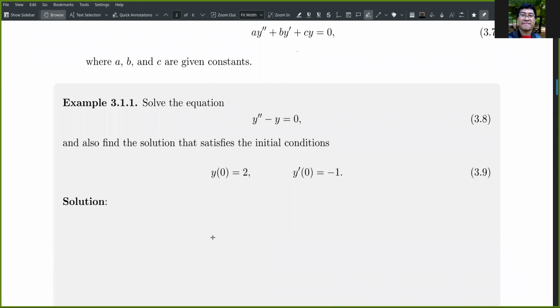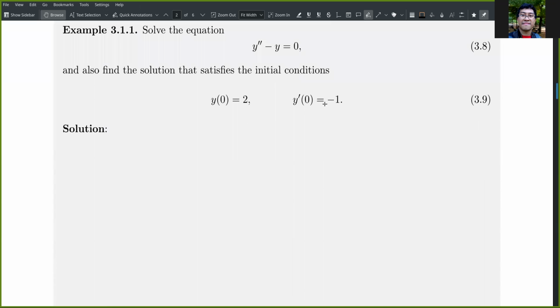Now let's try to solve a simple equation, this one. Here we can easily write y double prime equals y, and think of a function wherein if you take the derivative, here in this case the second derivative, it gives you back the original function.